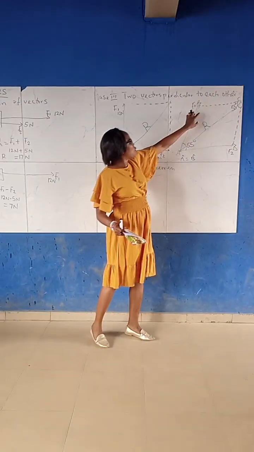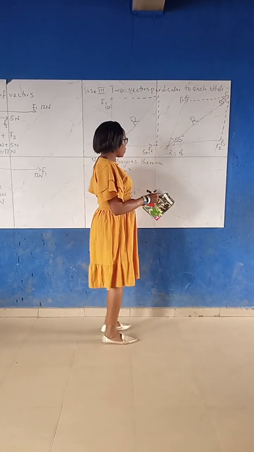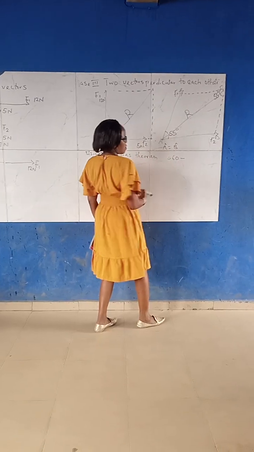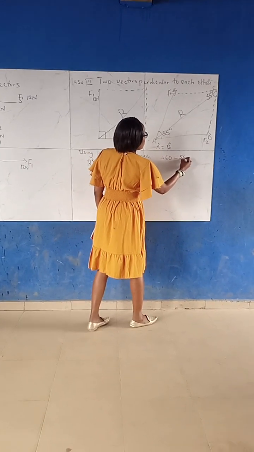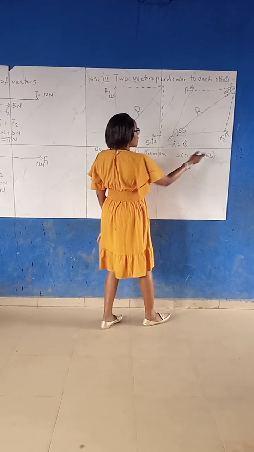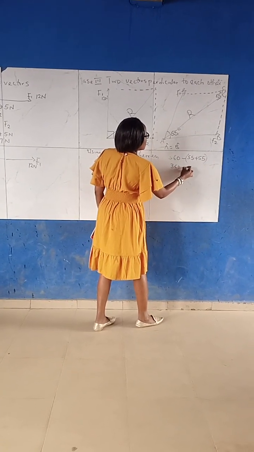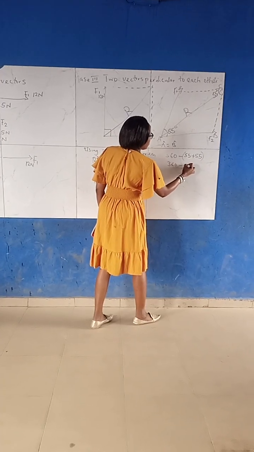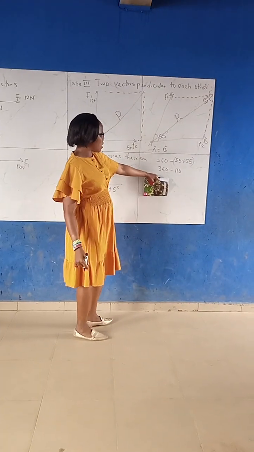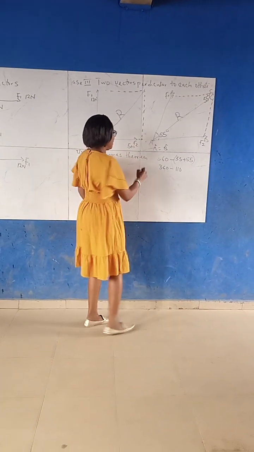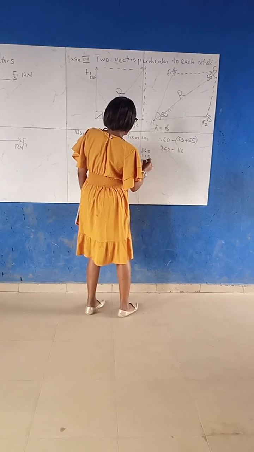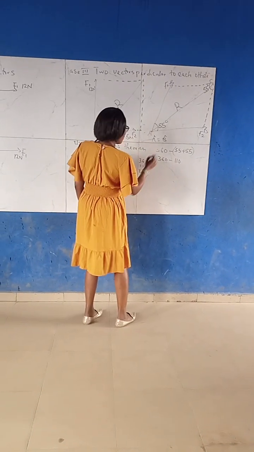Now, for me to get angle B and angle D, I'm going to do 360 minus 55 plus 55. 55 plus 55 will give me 110. Now, 360 minus 110 is going to give me 250.